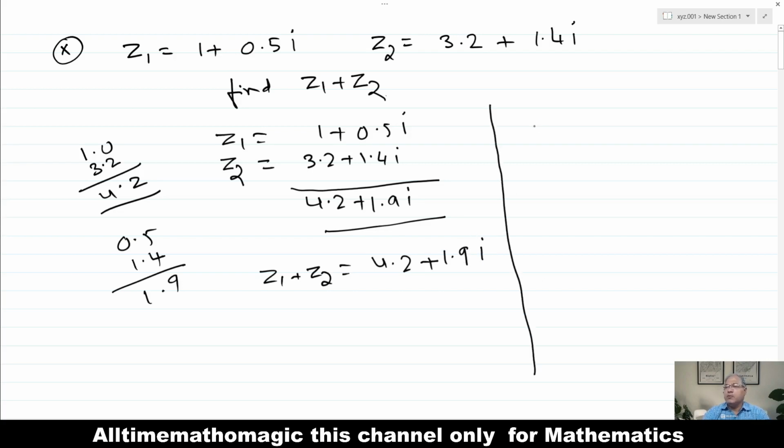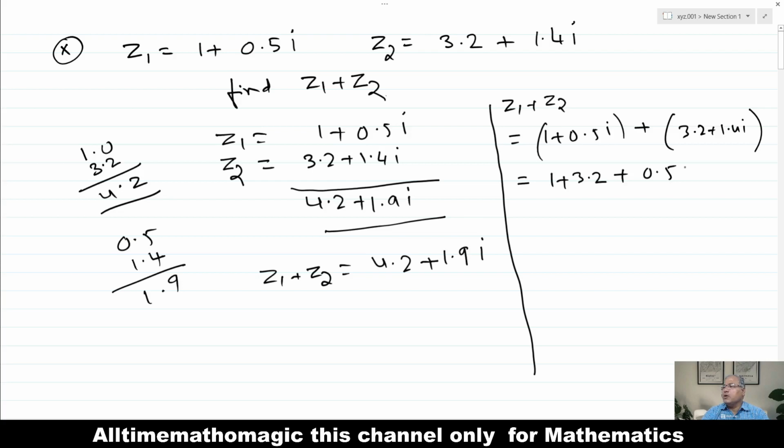Now the same problem I will solve to show you how to add horizontally. Z1 plus Z2 equals 1 plus 0.5i plus 3.2 plus 1.4i. What we do now? We add the real parts together, that is 1 plus 3.2, and the imaginary parts together, 0.5i plus 1.4i.